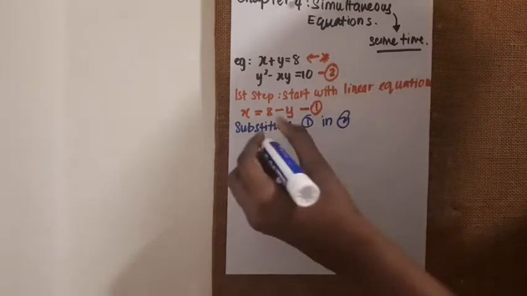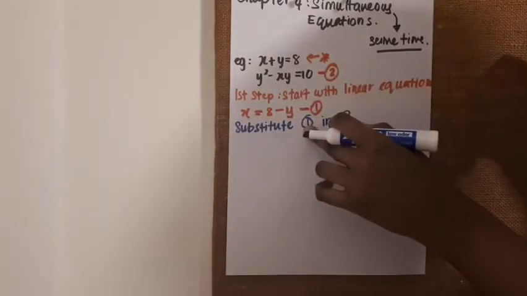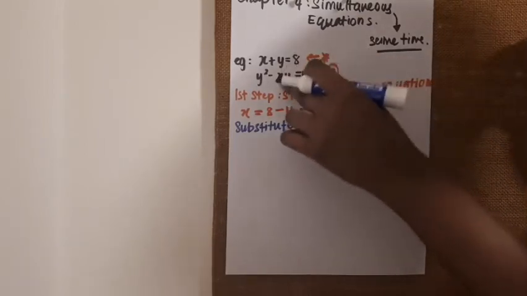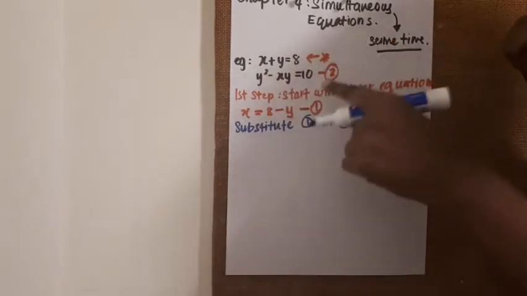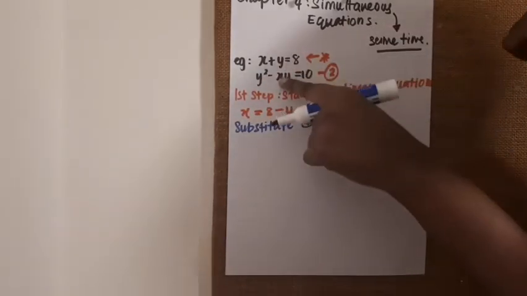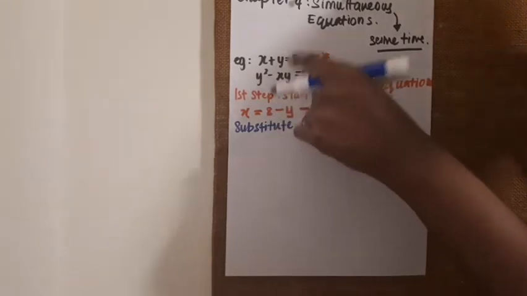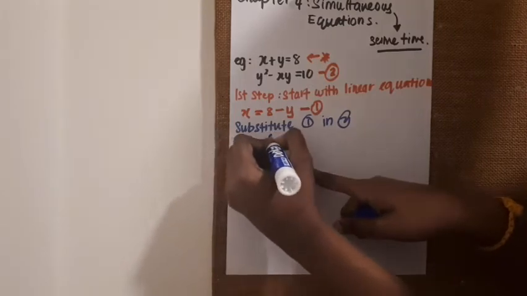We are going to substitute all the x's using equation 1 into equation 2 by replacing all the x's. So we know that y squared minus xy equals 10, but now x equals 8 minus y, so we are going to substitute this here.